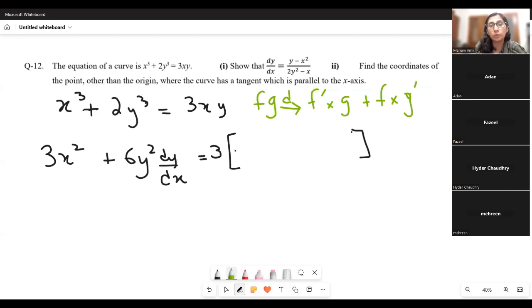So using the same rule, we're going to differentiate x first, which is 1, and y just gets multiplied with it. Then a plus sign in between, and you write x times derivative of y, which is going to be dy over dx.